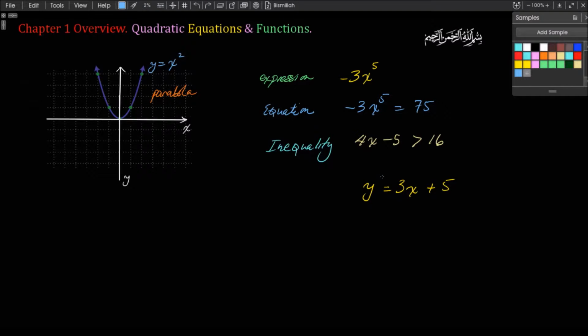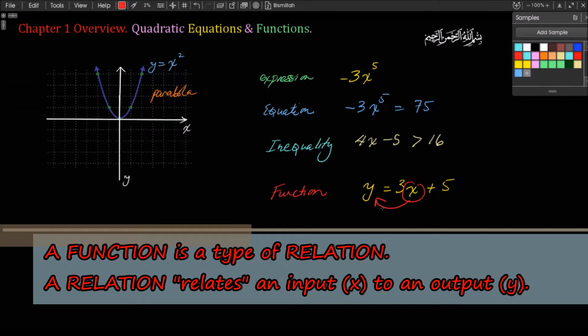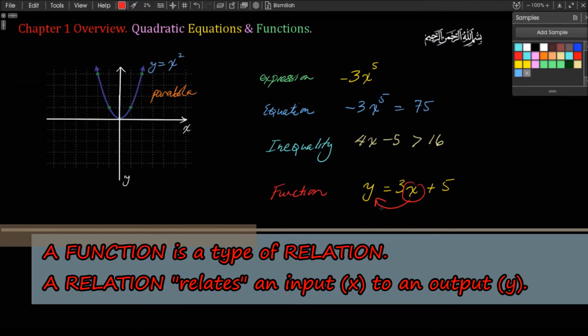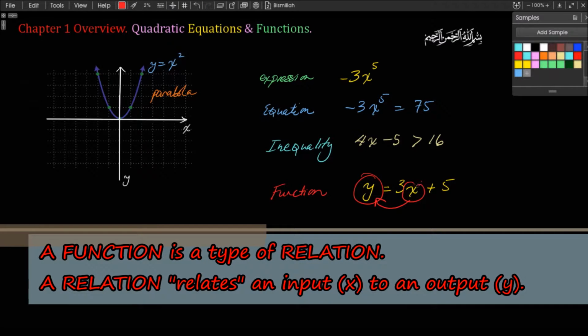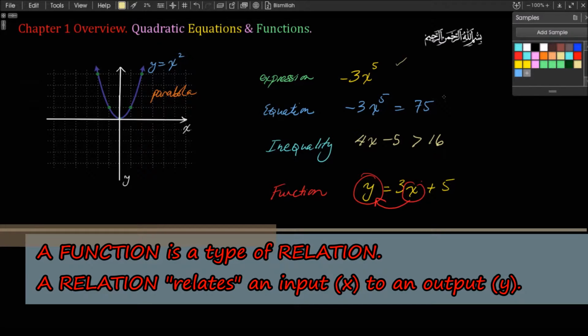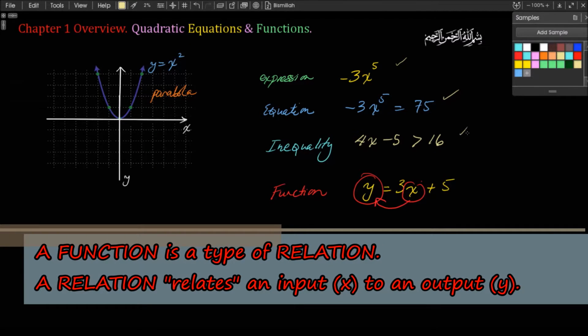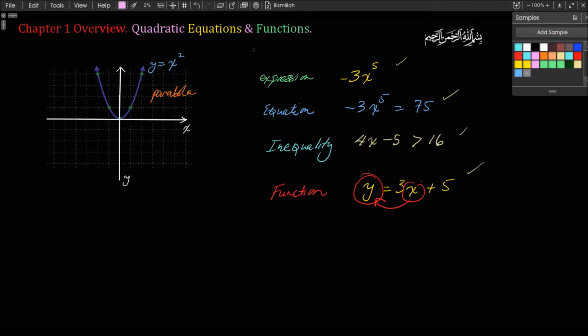This is a function because it relates x to y. It tells you what y is depending on what the value of x is. So here we have two variables, one that's dependent on another variable. This is an algebraic expression, this is an equation, this is an inequality, and this is a function. So now we can tell the difference between an equation and a function.